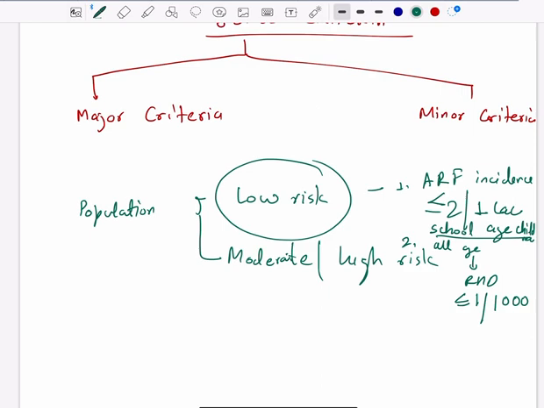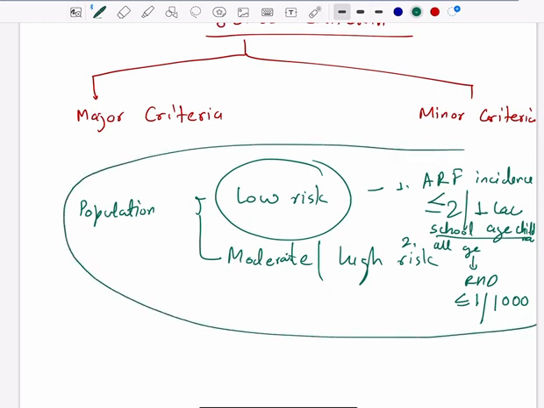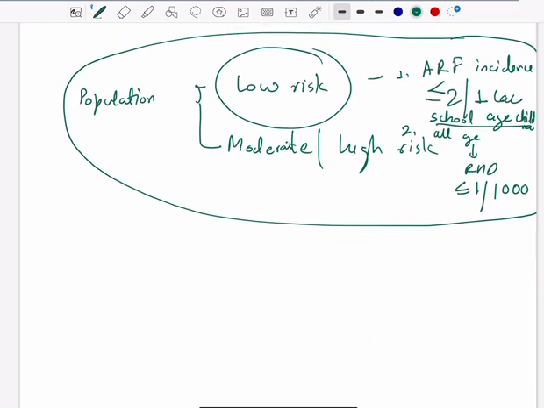The criteria for low risk are an incidence of acute rheumatic fever less than or equal to 2 per 1 lakh school-age children, or, considering the complete population, one case of rheumatic heart disease or less per 1000 population. They come under the low risk population. So we need to first define the population dynamic, low risk or high risk. Now let's go back to our criteria.